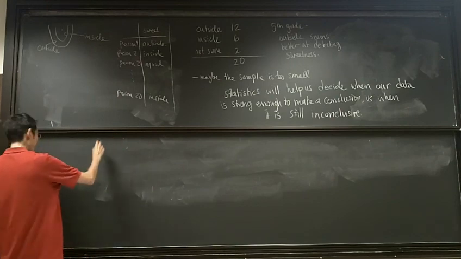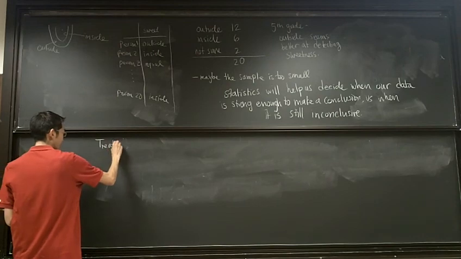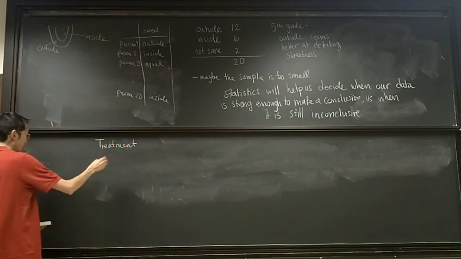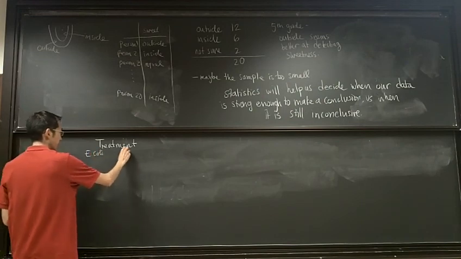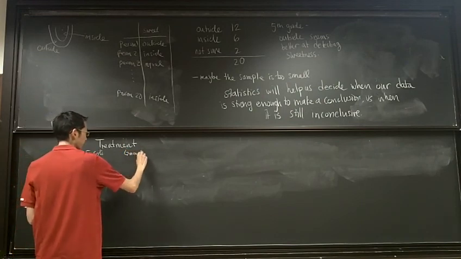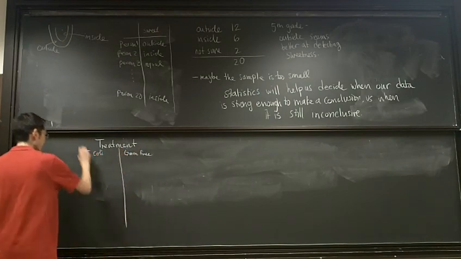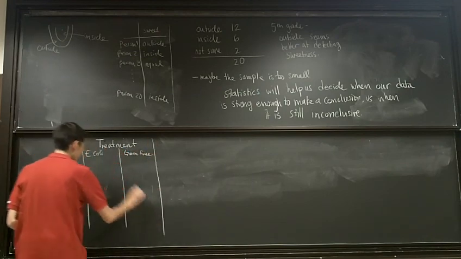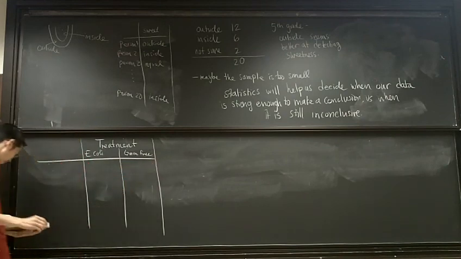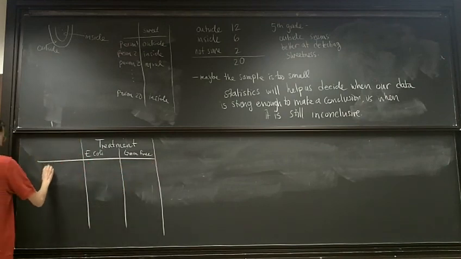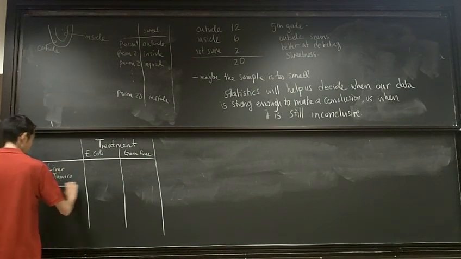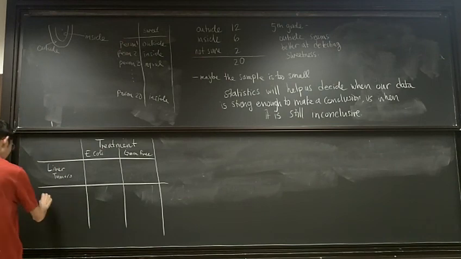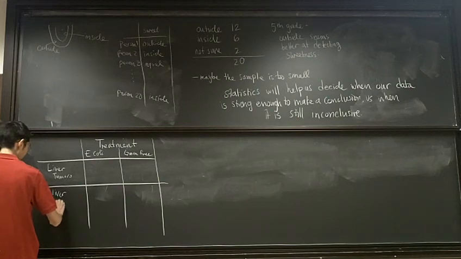So, this is the data that they collected. Okay, so we had 2 treatments. We had the mice who were exposed to E. coli, and then we had the mice in the germ-free or control environment. And then we looked at mice who developed liver tumors versus those who did not have liver tumors.